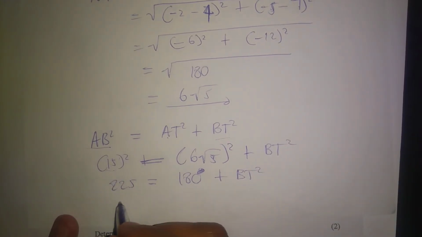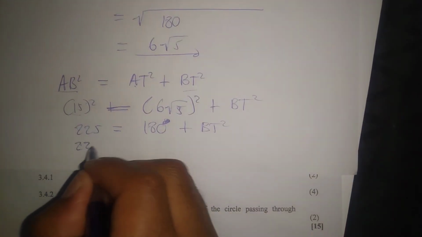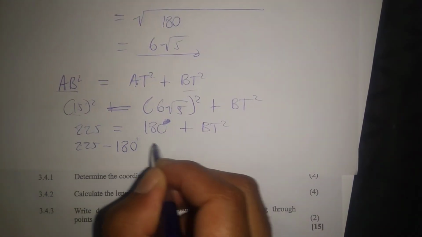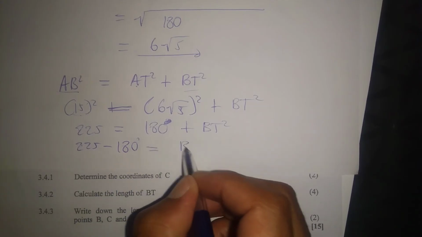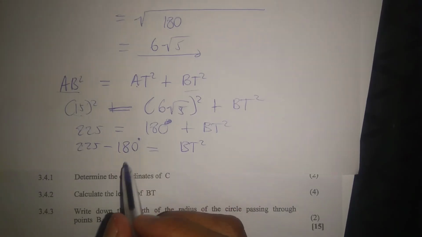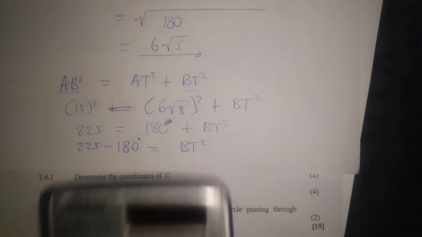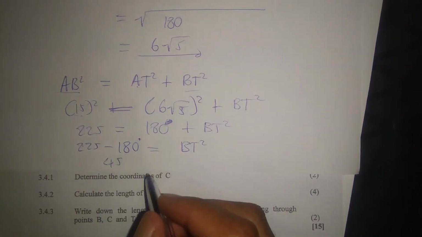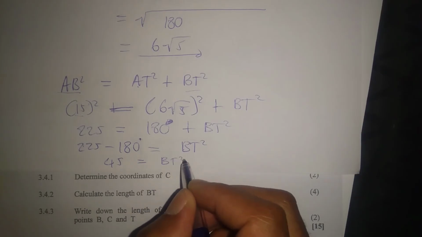Now transpose. Transpose and you get 225 minus 180. It's not degrees. So 225 minus 180 is 45, which is equal to BT squared.